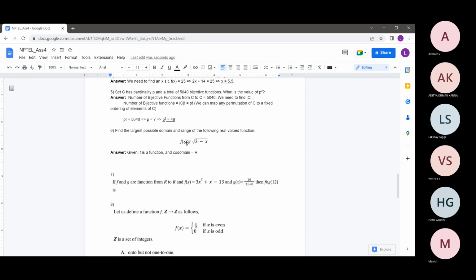So basically, for the largest possible domain, the only restriction is that the value of f of x should be a real number.